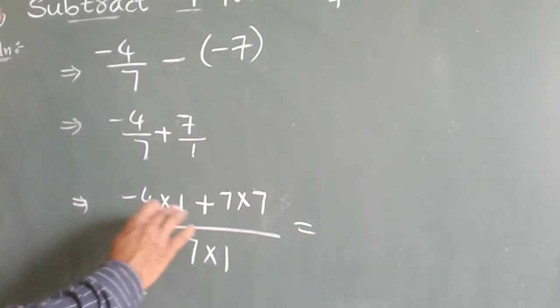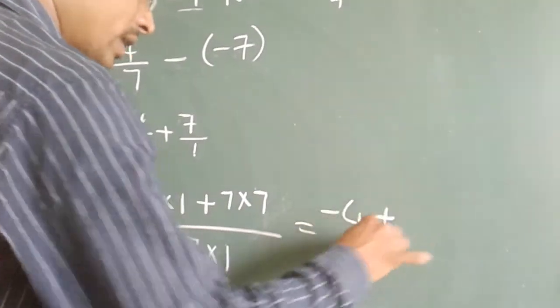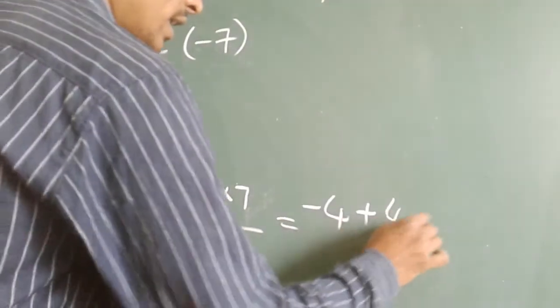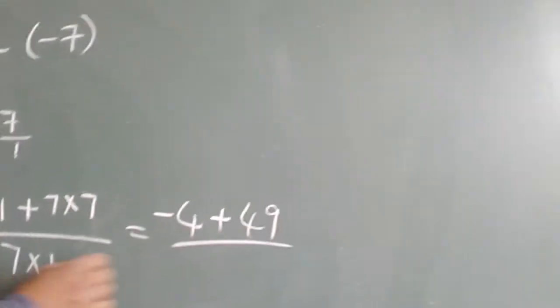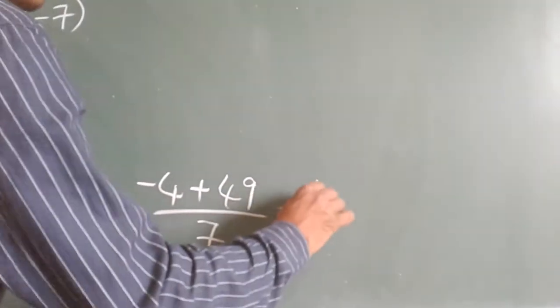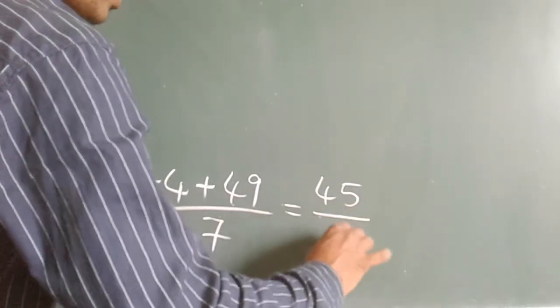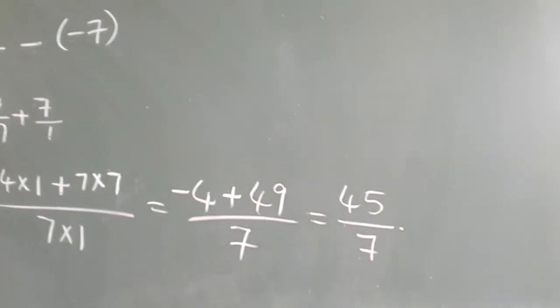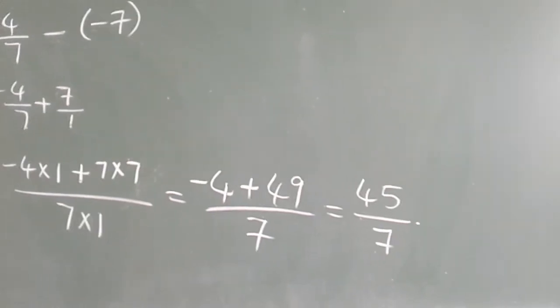Minus 4 into 1 is minus 4 plus 7 7s are 49 by 7 1s are 7. Minus 4 plus 49, how much? 45 divided by 7. So in this way we can solve the problems by using the properties.